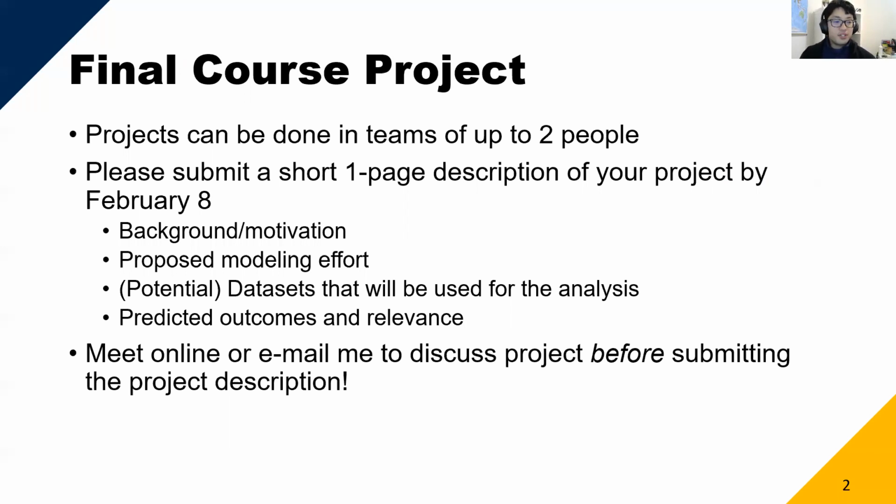Please make sure to either meet me online or email me to discuss whether the project you're thinking about doing makes sense before you submit your first project description. I can provide some general tips and guidance, so please make sure to reach out before that.